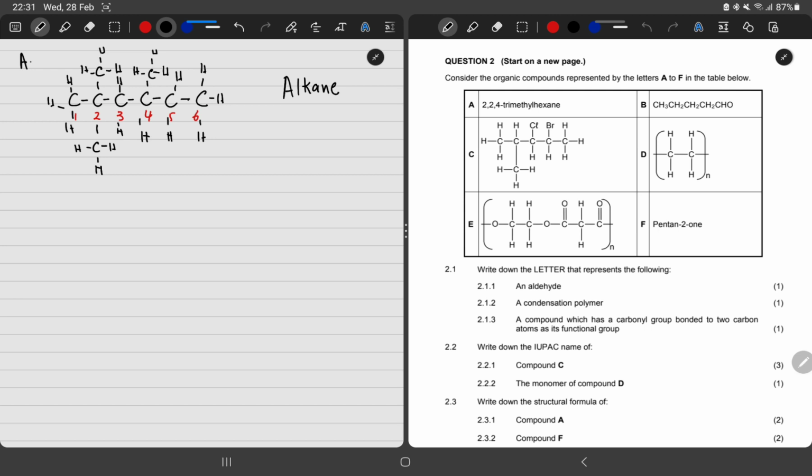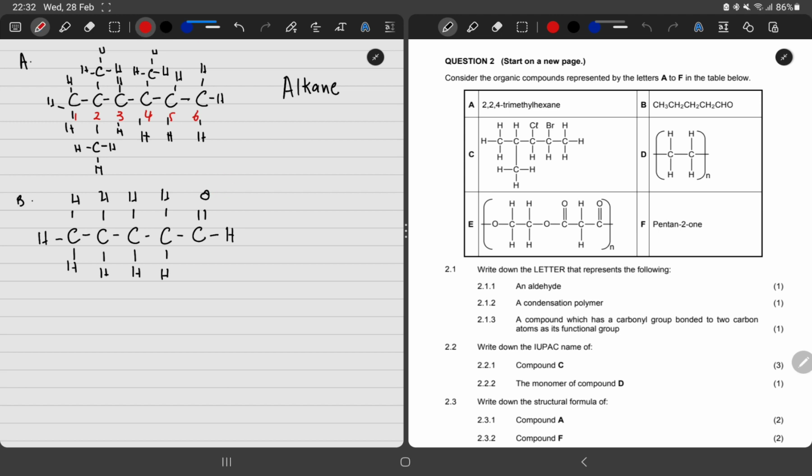And then I'm going to move to B. I have 5 carbons: 1, 2, 3, 4, 5. In the first carbon, I have three hydrogens. In the second carbon, I have 2 hydrogens, again 2, again 2. And then in the last carbon, I have an oxygen, and that carbon is bonded to a hydrogen.